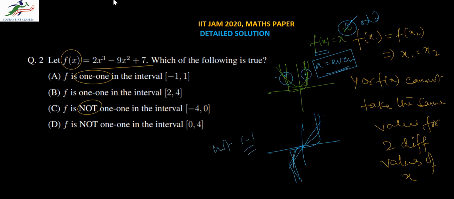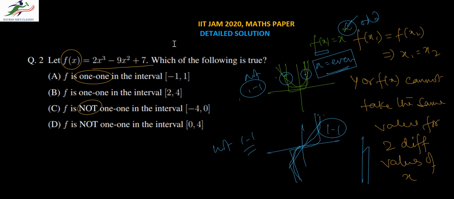That means it will have the same value for different values of x. So that means it is not one-one. But whereas if n is odd, then f(x) will definitely have different values for different values of x. So in this case it is one-one. So this is the basic concept.